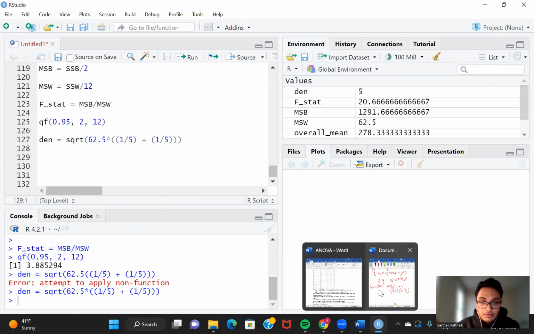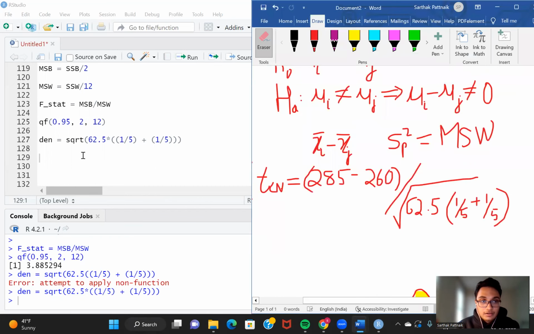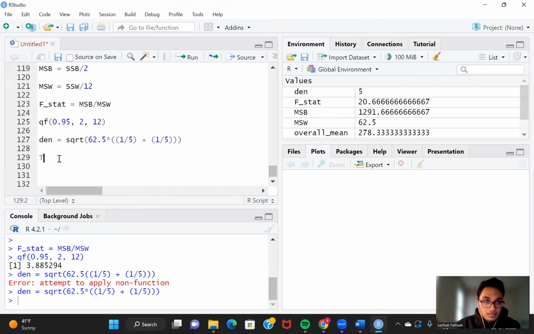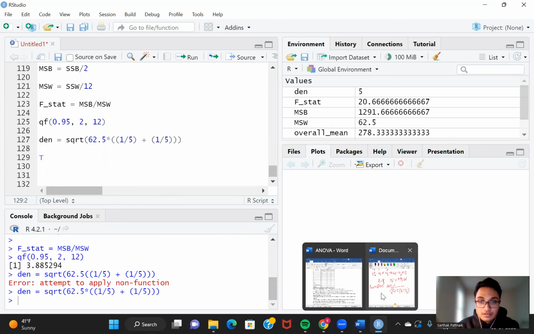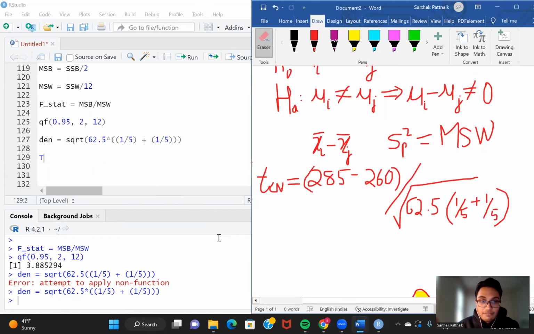I'll go back to my problem statement, and for the first, I'll write t, and this is a comparison between Callaway and Nike.